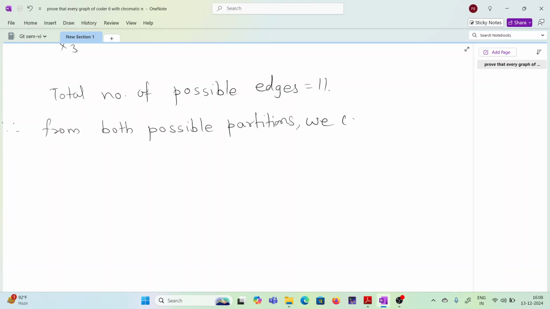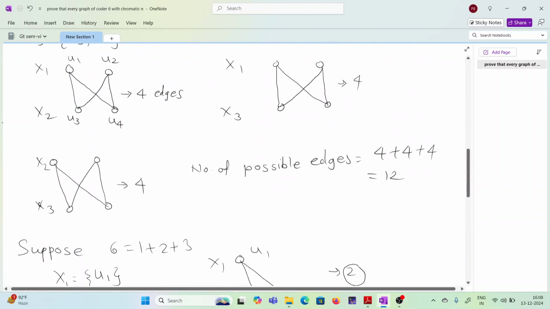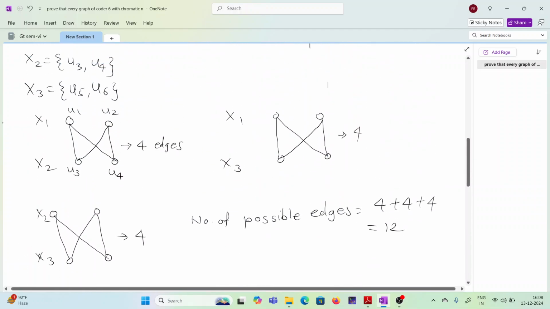So therefore from both possible partitions, we can conclude that G has at most 12 edges. Now what is a partition? Partition means how we have divided the vertex set of G into three parts.